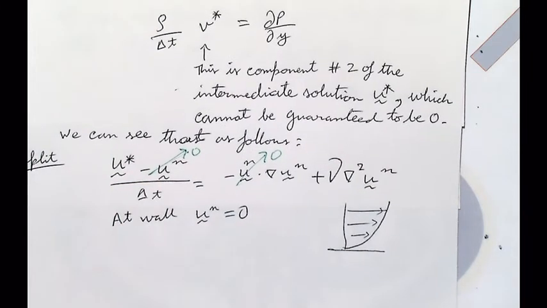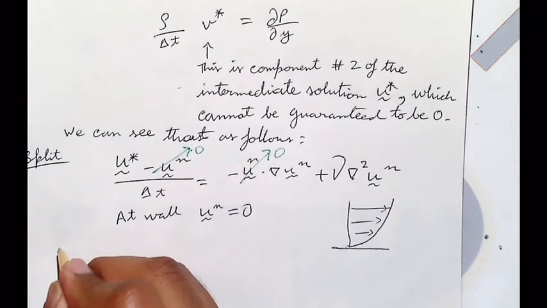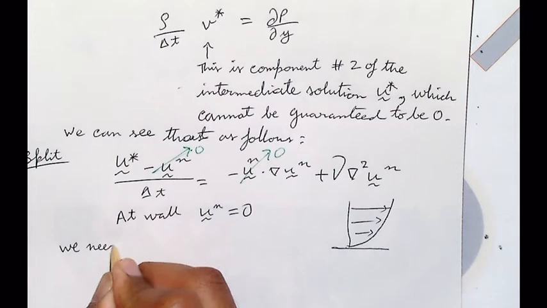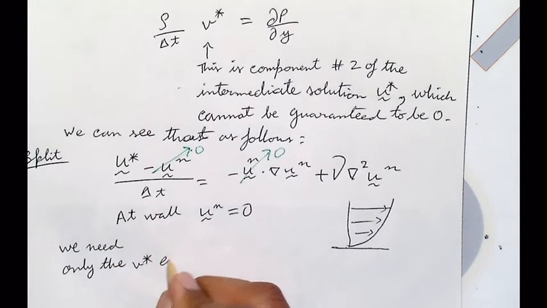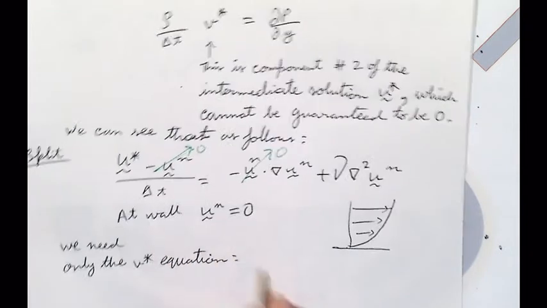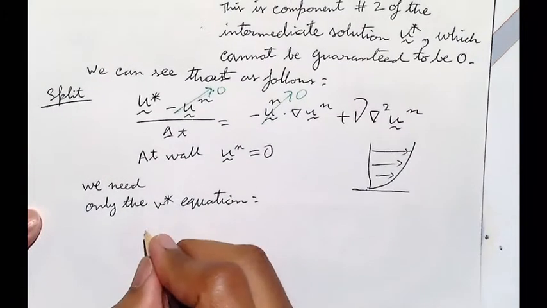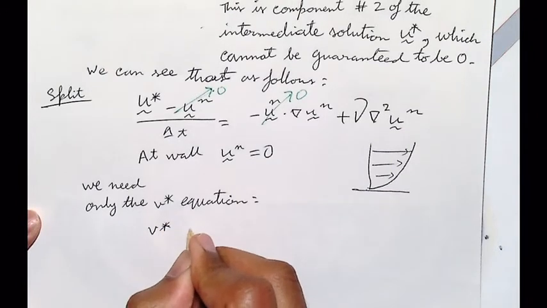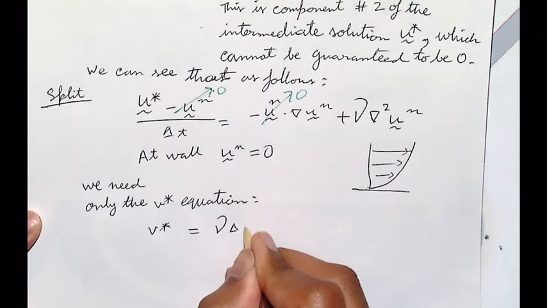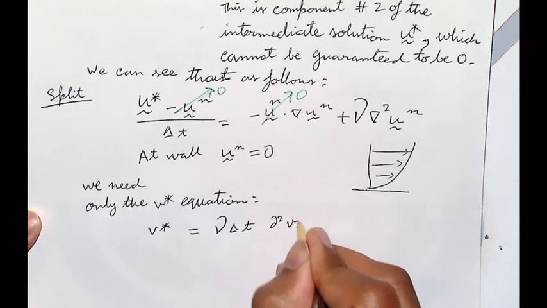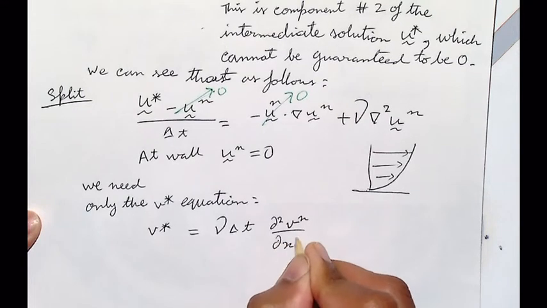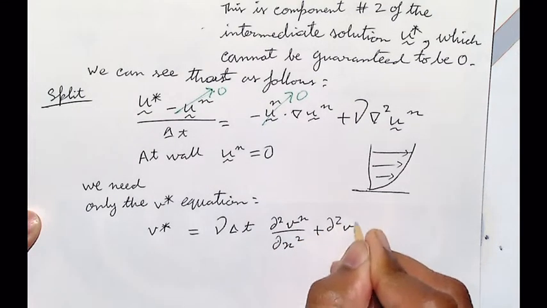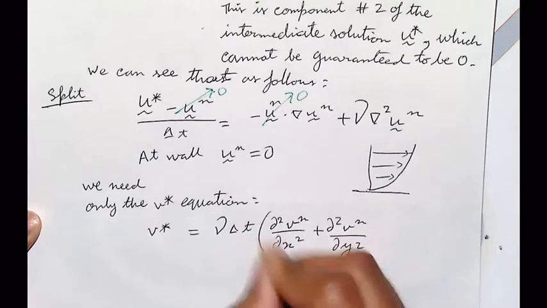So let's see, what do we get? We need only the V star component equation. So we have V star equal mu delta t times del 2 vn over del x squared plus del 2 vn over del y squared.